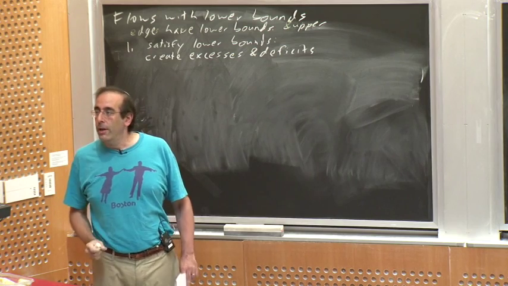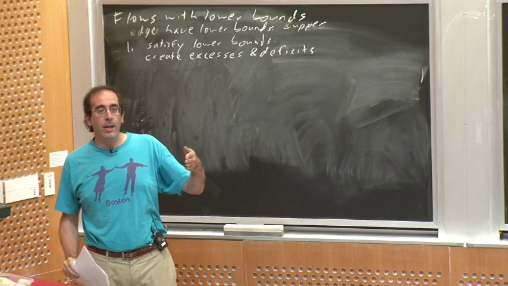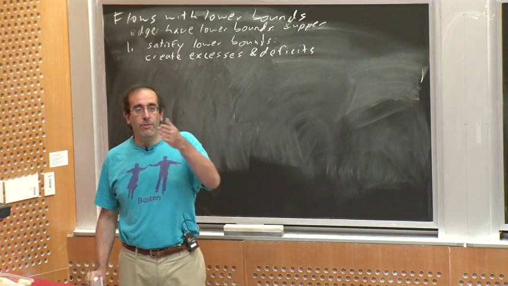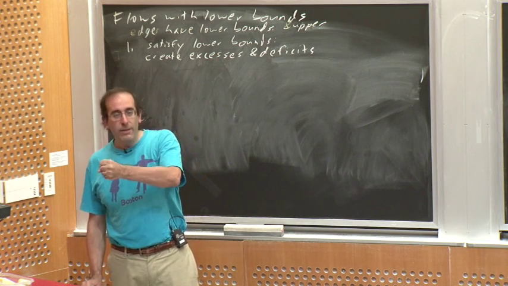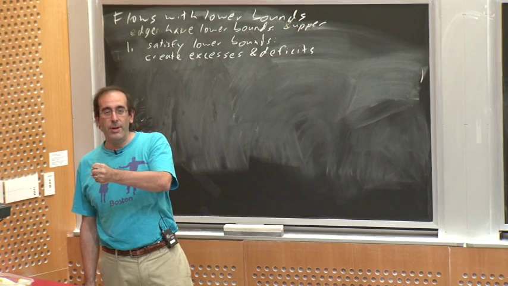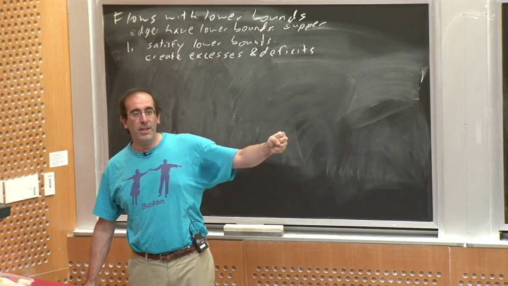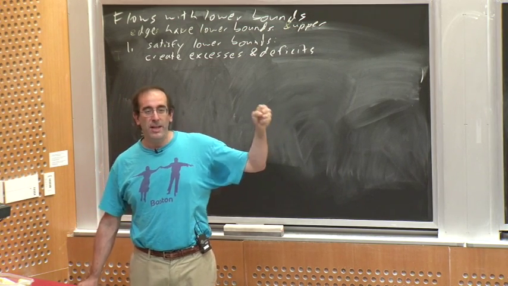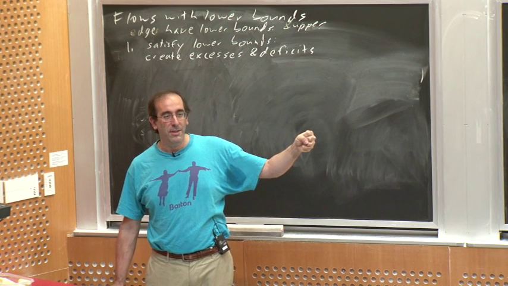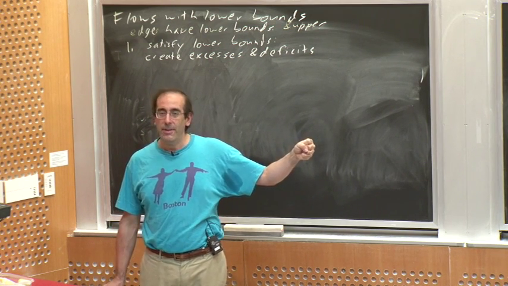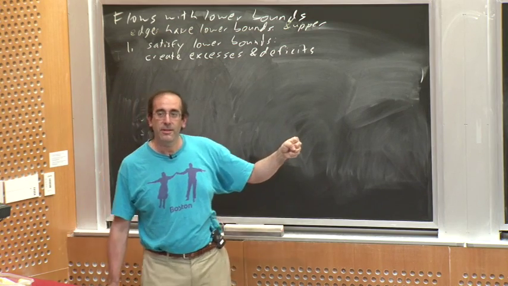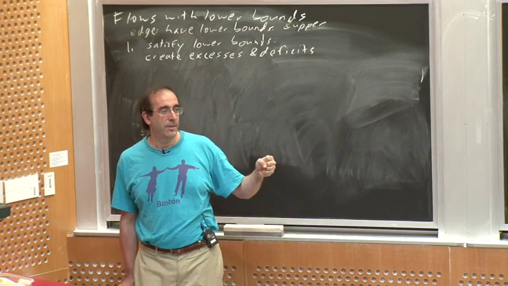On the graph. Right? So if I have a lower bound of 2 on this edge, I'm going to send 2 units of flow from this vertex to this vertex. That means that the tail of the edge is now missing 2 units of flow. It has a hole. And the head of the edge has 2 extra units of flow that it doesn't want because it's not a source. So how do I correct this imbalance? Right?